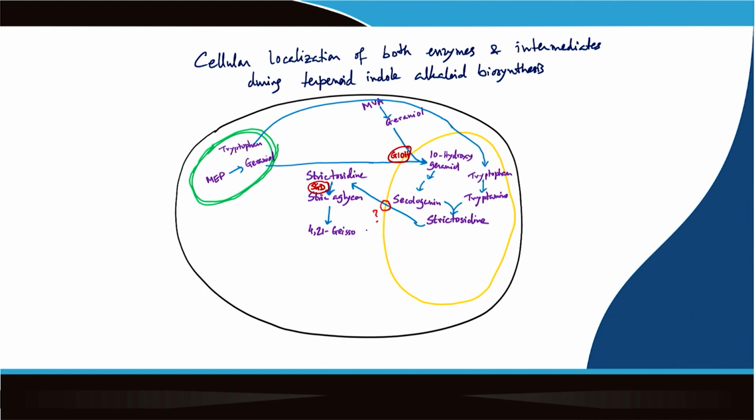Then from there one route goes towards tabersonine, and another route produces catharanthine.